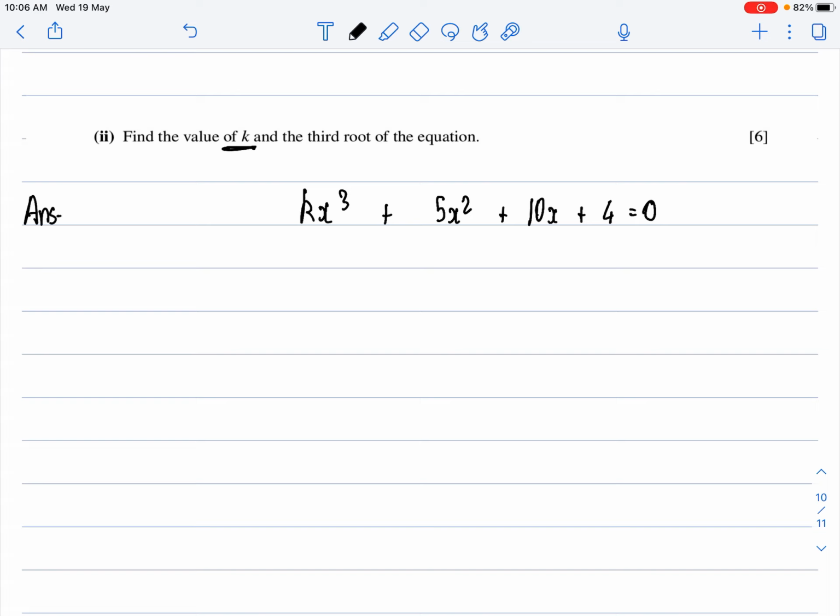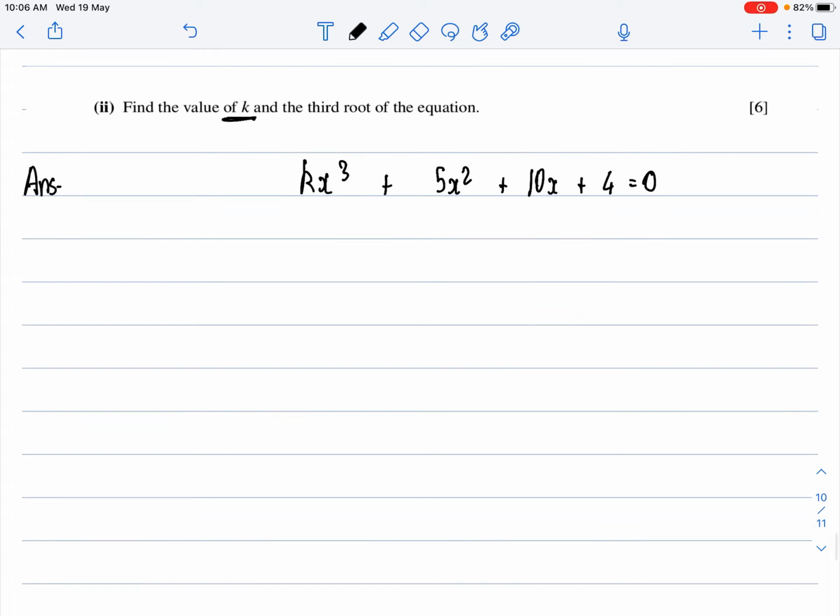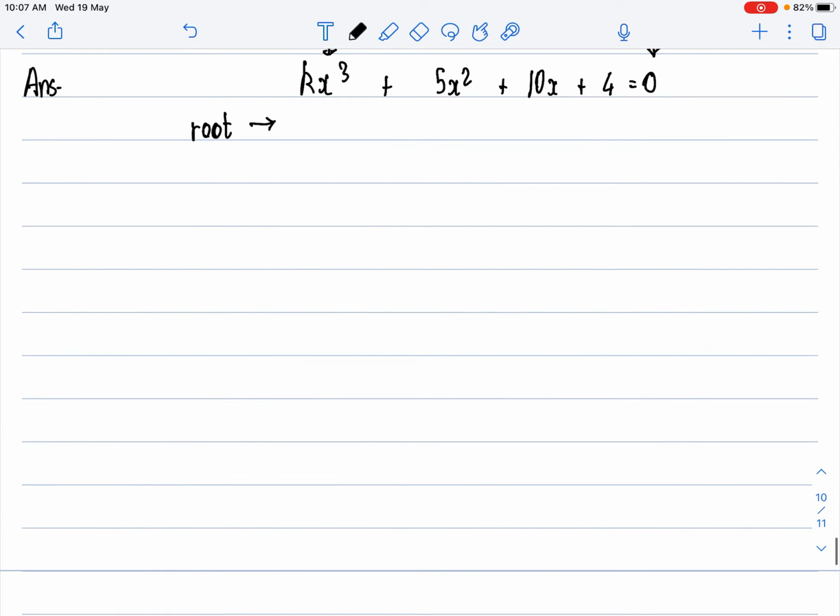So how do I do this? I know whenever I put a root in the place of x, I'll get the value 0. I know one of my roots is simply minus 1 plus root 3i, so I can simply plug it into this equation and solve it.